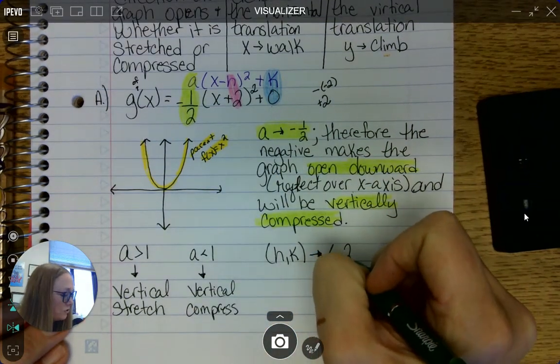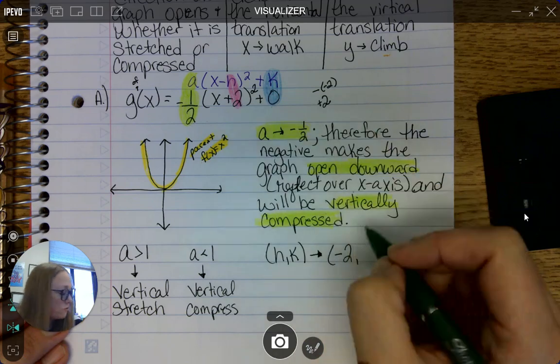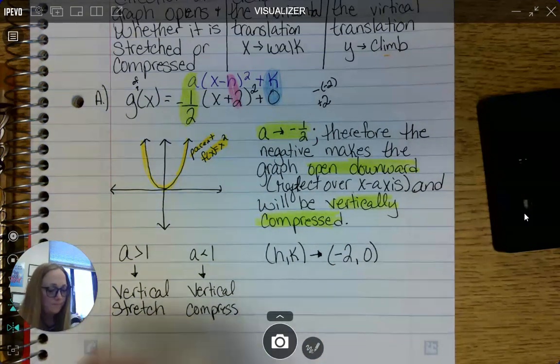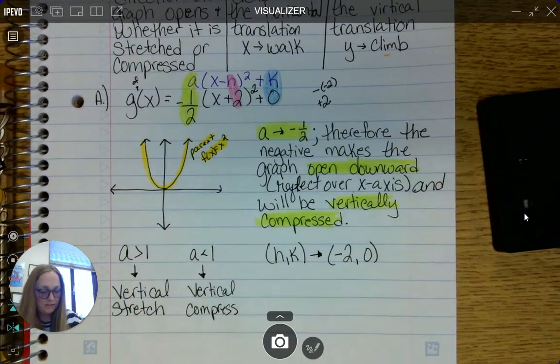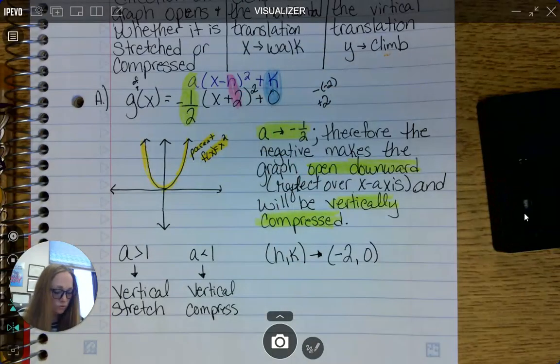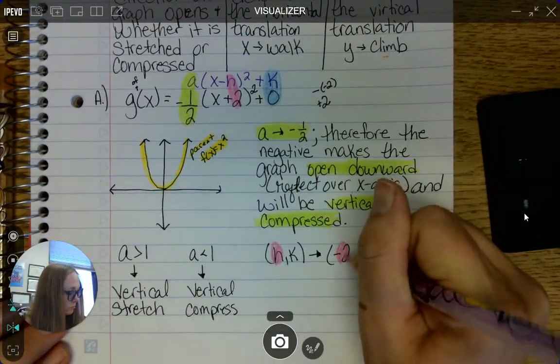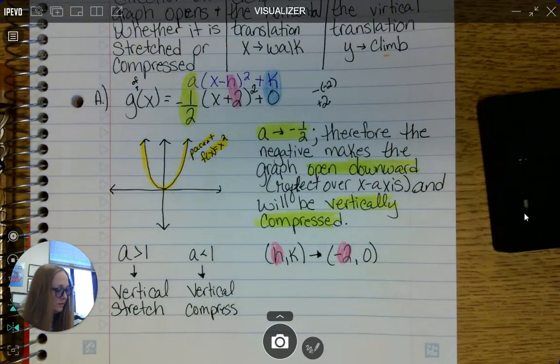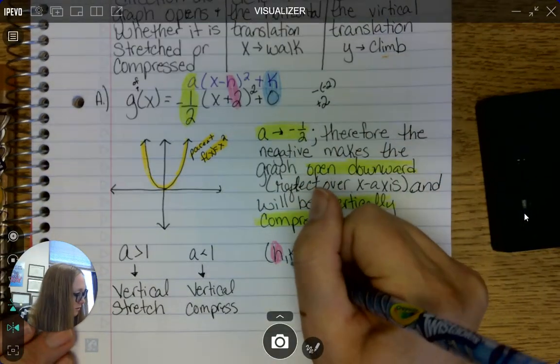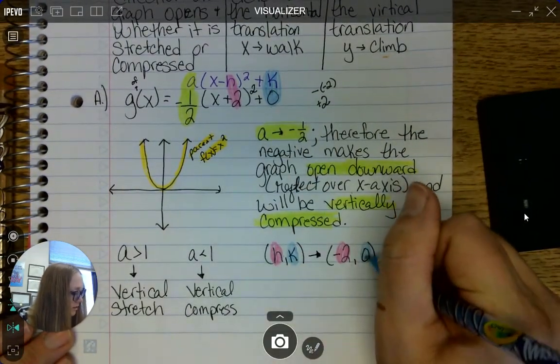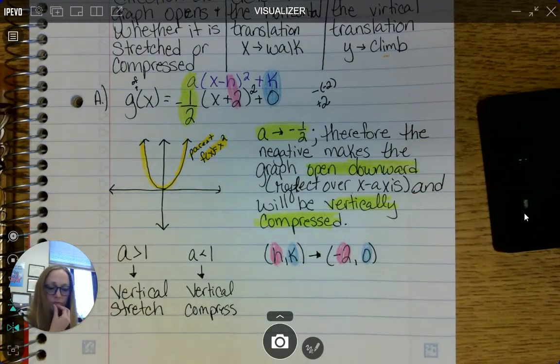So I get negative 2 and then 0 for my K because there was no value there. Let me break this up. Again, I like to color code. I'm a very visual person. So H was a negative 2. K was a 0. I just plugged that in because there's no value written in there.